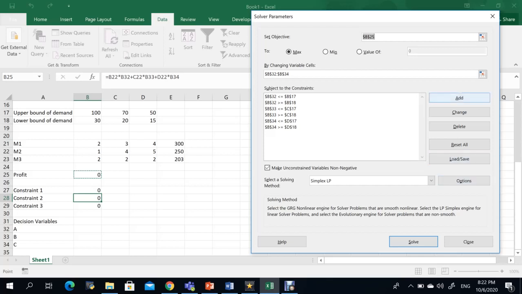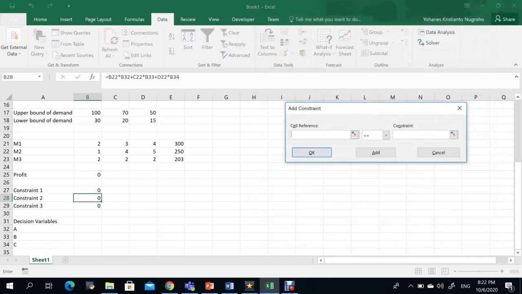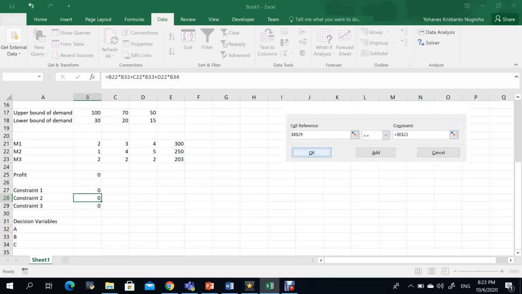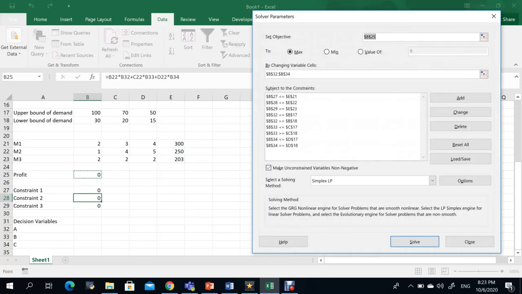Correct. Now we have to add additional constraints. For instance, the first constraint should be less than or equal to 300. Again, the second constraint should be less than or equal to 250, and the third constraint should be less than or equal to 203. Okay, what is missing? What equations are missing in our formulation?